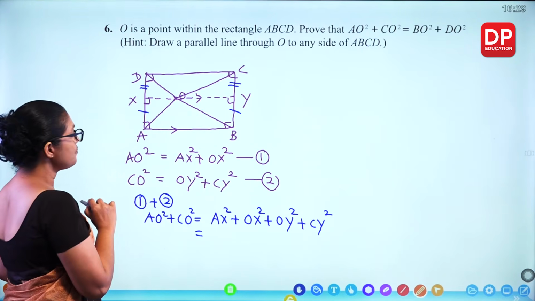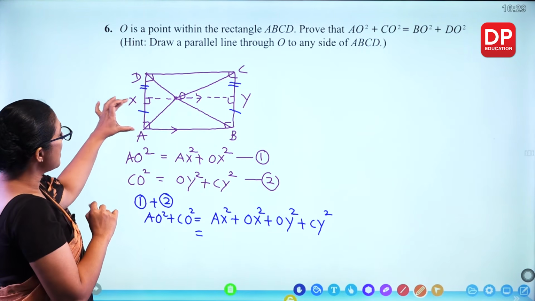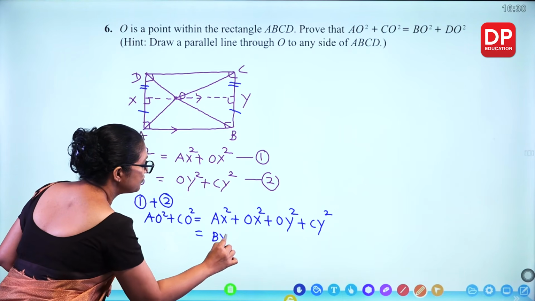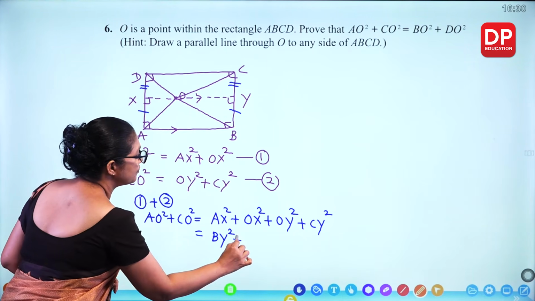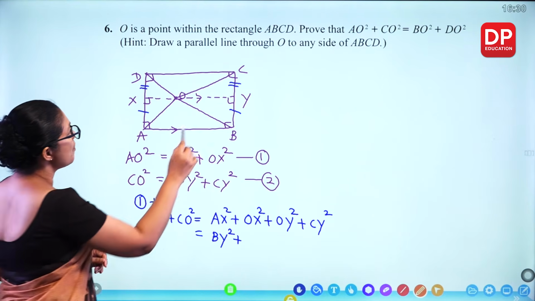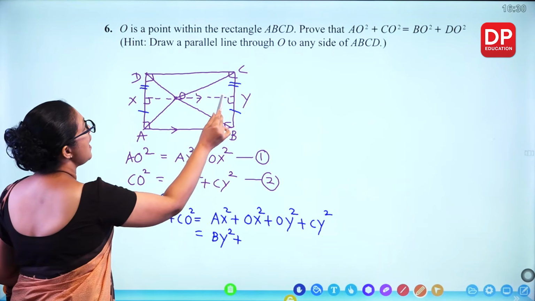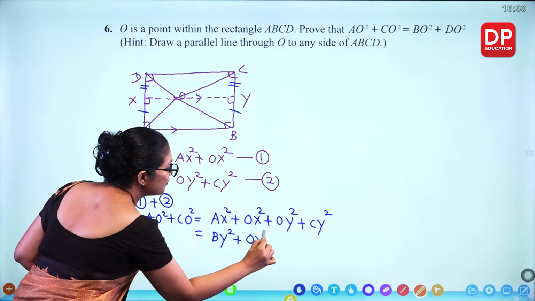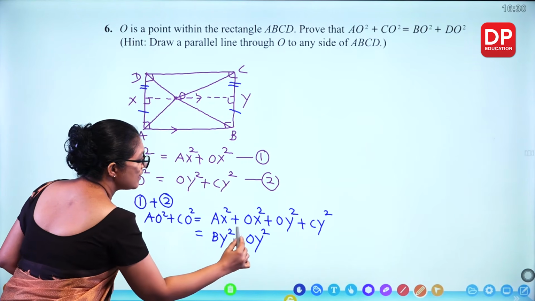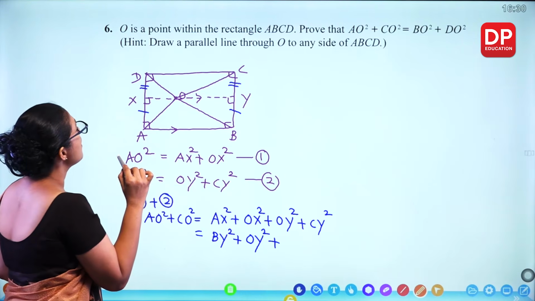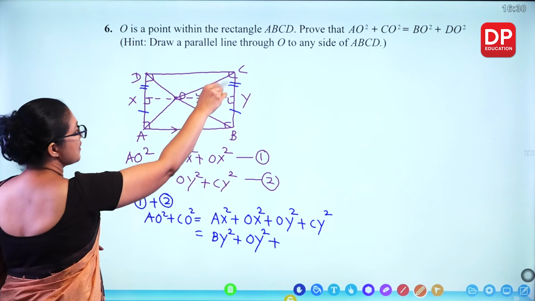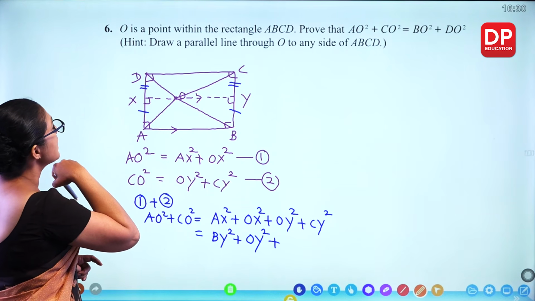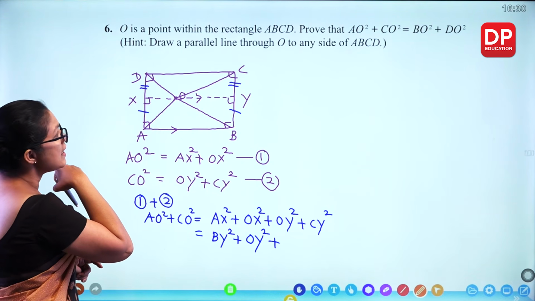Now, what is AX? Instead of AX, I can write BY. So BY squared, and what is OY squared? I'll add together, and instead of CY, I can take DX.